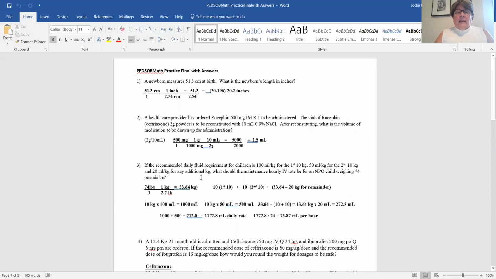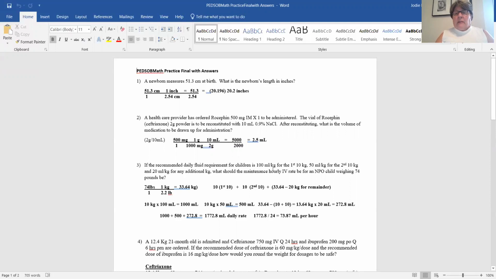Number 3 is a little less straightforward. It's got a couple of pieces of information that you've probably seen in clinical but haven't seen on a test yet. But it does lay out all of the information. You have a daily recommended fluid requirement for children.